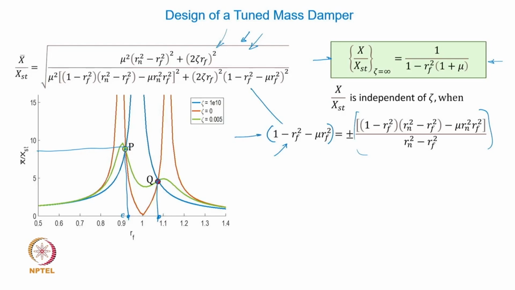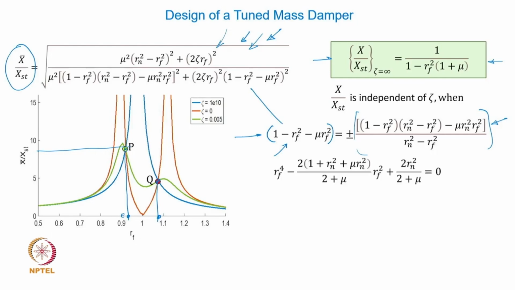Does it not mean that if this is satisfied, and if you substitute this here, this expression will be independent of zeta, and that means we are referring to the positions of points P and Q. Now you have two possibilities, plus and minus. If you use the positive sign, you will find some value of RF. I am leaving it to you to try and figure out yourself what that point will be.